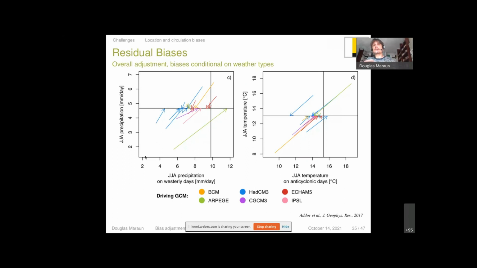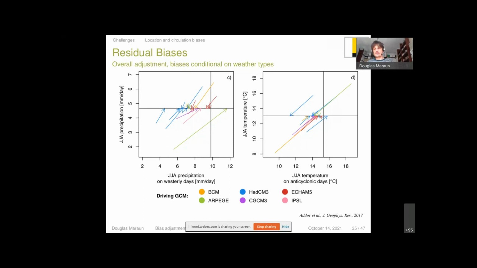But when you look at the conditional biases, you look at the westerly days and the rainfall on these westerly days, then after the bias adjustment, you still have a bias. And that's because your climate model may not correctly simulate the right frequency of westerly days. And if you do an overall correction, then it still cannot correct, of course, this frequency of the westerly days.